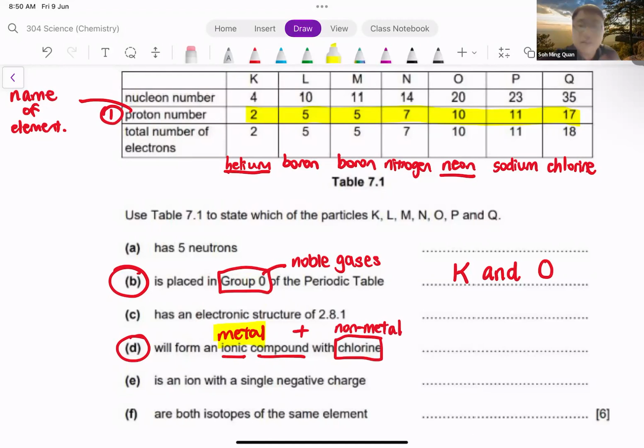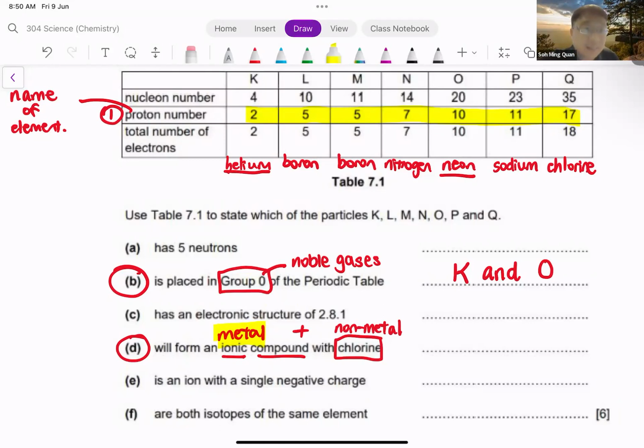So based on the list that you have written out so far, which one is a metal? You have to think, is nitrogen a metal? Is boron a metal? And so on. You know that metals are found on the left-hand side of the periodic table, right? So once you know that metals are on the left and you are looking for a metal here, the metal that you are looking for in this list is, of course, sodium.